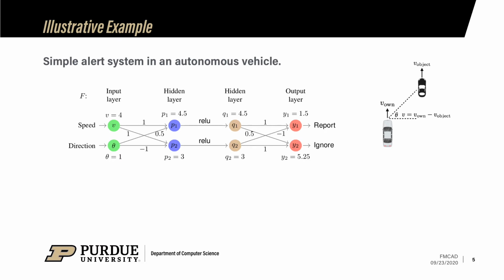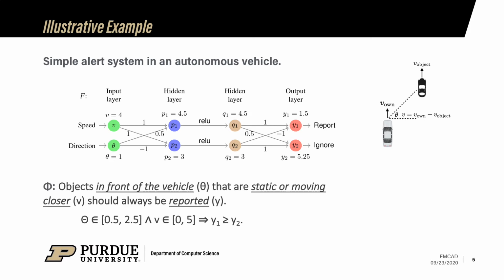After propagating the values, eventually there are two output values, which correspond to the prediction scores for two categories. The first one is to report this vehicle, and the second one is to ignore it. The neural network controller chooses whichever category is larger and uses that as the advised action.